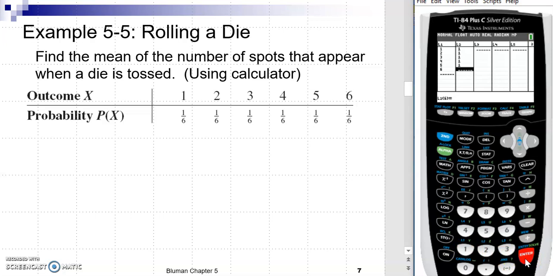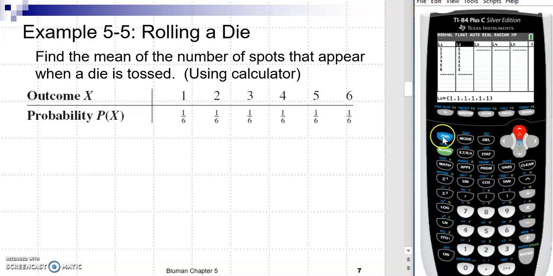Now you don't have to do it this way, but this is just a little shortcut. You could type in each one of them, 1 divided by 6, 1 divided by 6, 1 divided by 6. But instead, I'm going to take that whole list. So I've got in the ones for the numerators. So I'm going to go back up here to the title of the list and say, okay, let's take everything in list 2 and divide it by 6.